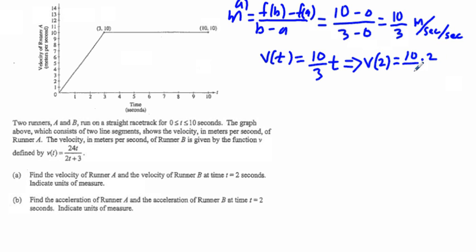So we have 10 thirds times 2, which will equal 20 thirds. And we're going to indicate units of measure. This is going to be meters per second. Now, that's going to be for runner A.